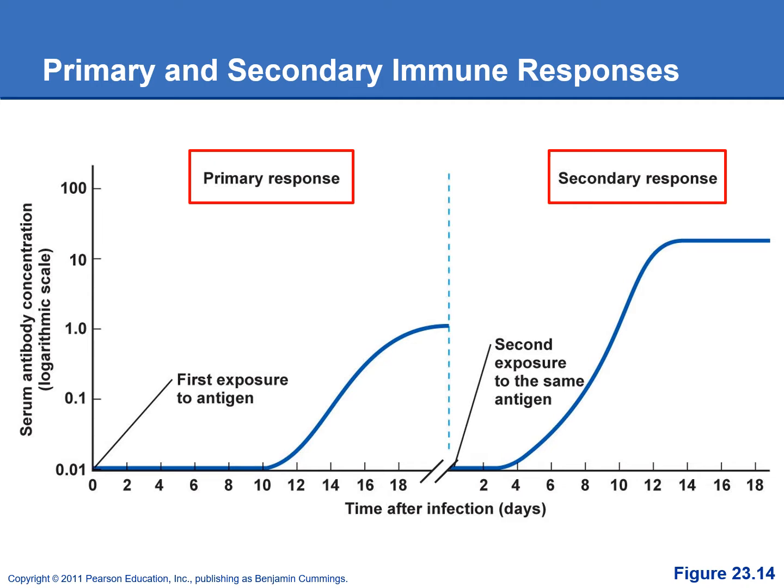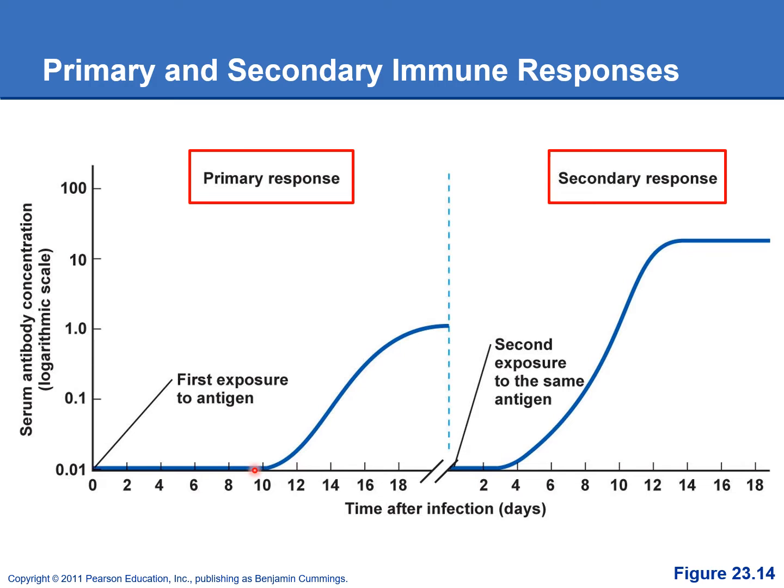So here's the difference between the primary and secondary immune responses. So let's say that you're first exposed to the chickenpox virus, and unfortunately it takes about 10 days for that B lymphocyte that recognizes the chickenpox virus to start dividing, start forming the effector cells, the plasma cells, produce the antibodies, and also produce those memory B cells that'll be there for the next time.